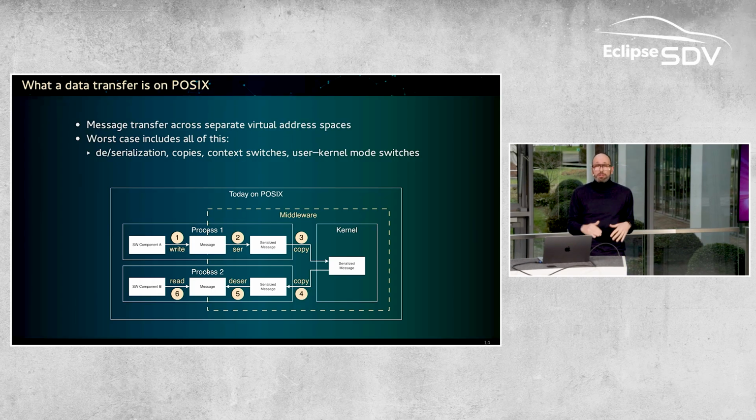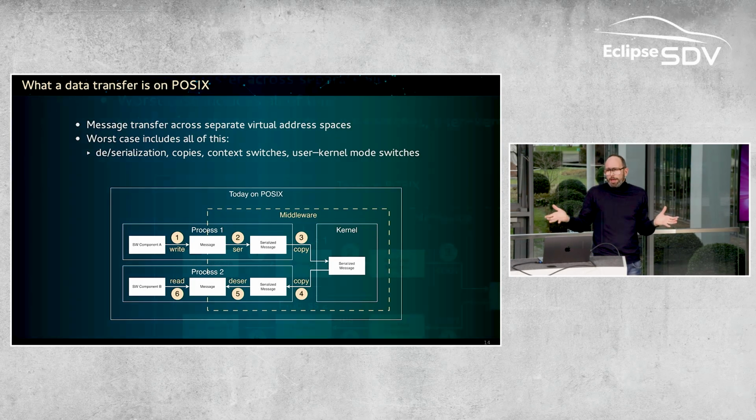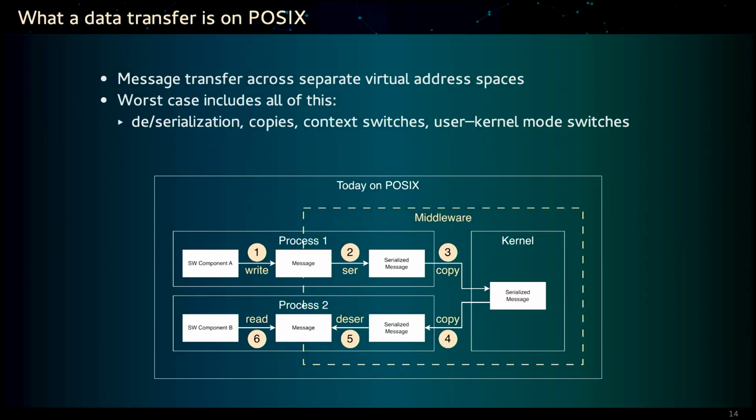Now the components are in different processes. And you want to have some abstraction. You don't want to directly interact with the operating system APIs. So you introduce a middleware. And data passing from one component to the other goes more like that. You write a message. You pass it to the middleware. This serializes the message.